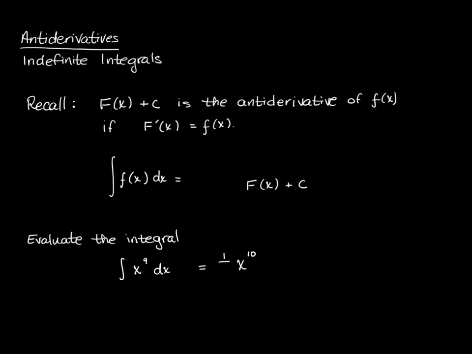So we need to account for that extra factor of 10. When I take the derivative of 1/10 x to the 10th plus c, I get 1/10 times the derivative of x to the 10th, which is 10 x to the ninth, plus 0, which is x to the 9th.